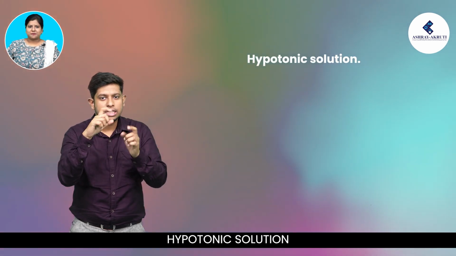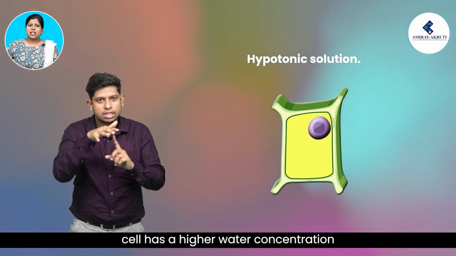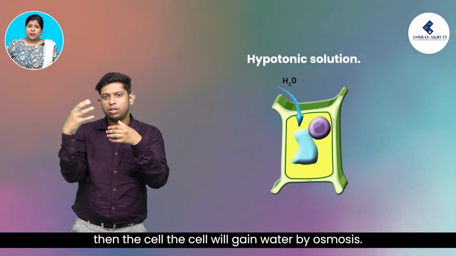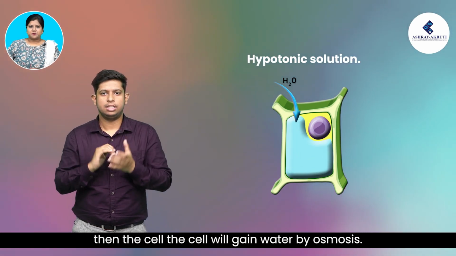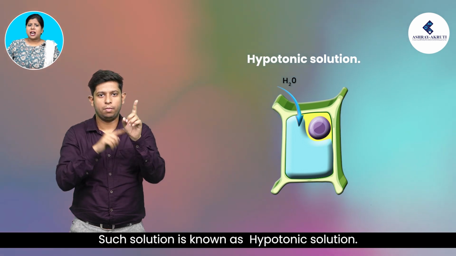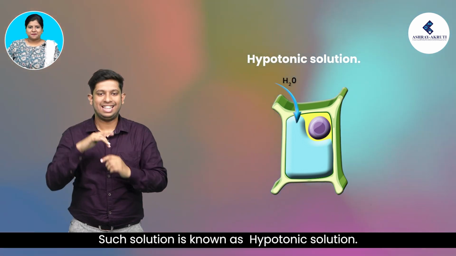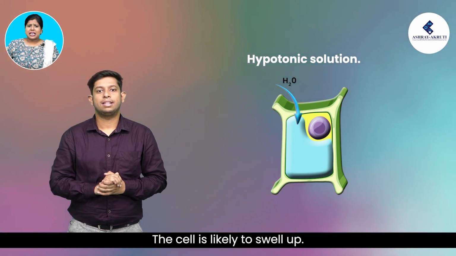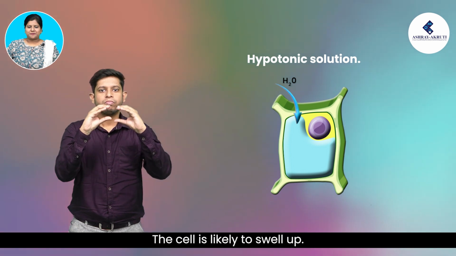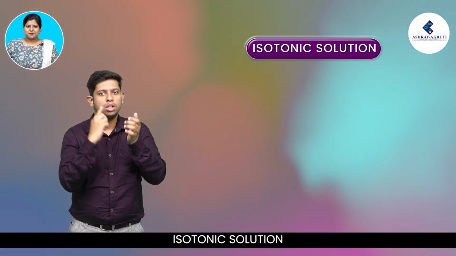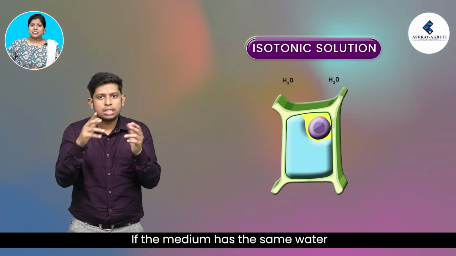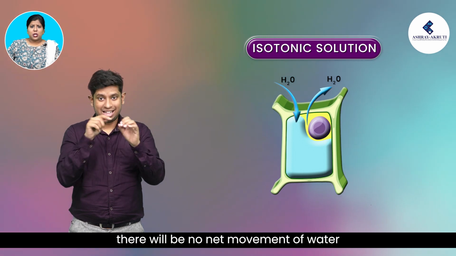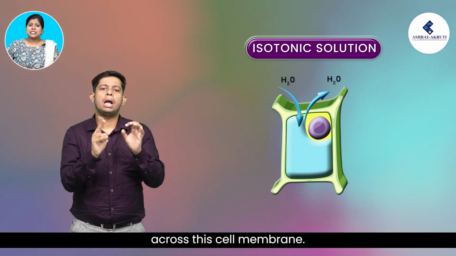Hypotonic solution. If the medium surrounding the cell has a higher water concentration than the cell, the cell will gain water by osmosis. Such a solution is known as hypotonic solution. Water enters the cell. The cell is likely to swell up. Isotonic solution. If the medium has the same water concentration as the cell, there will be no net movement of water across the cell membrane.